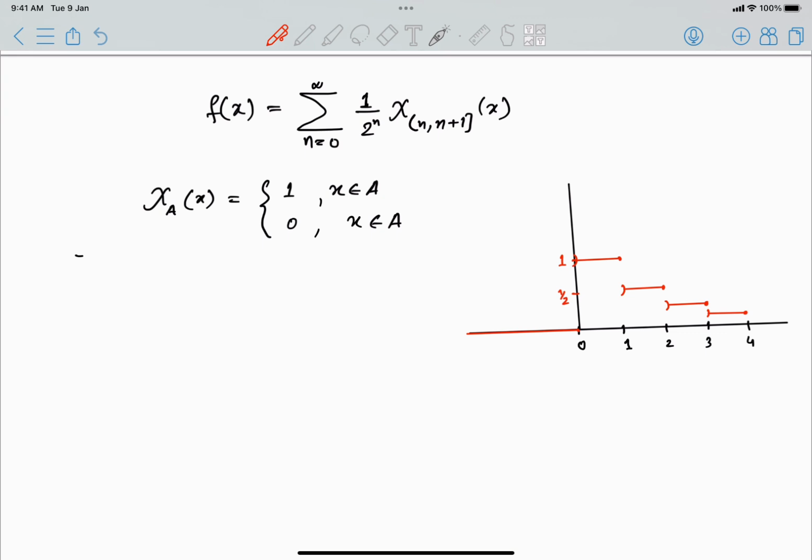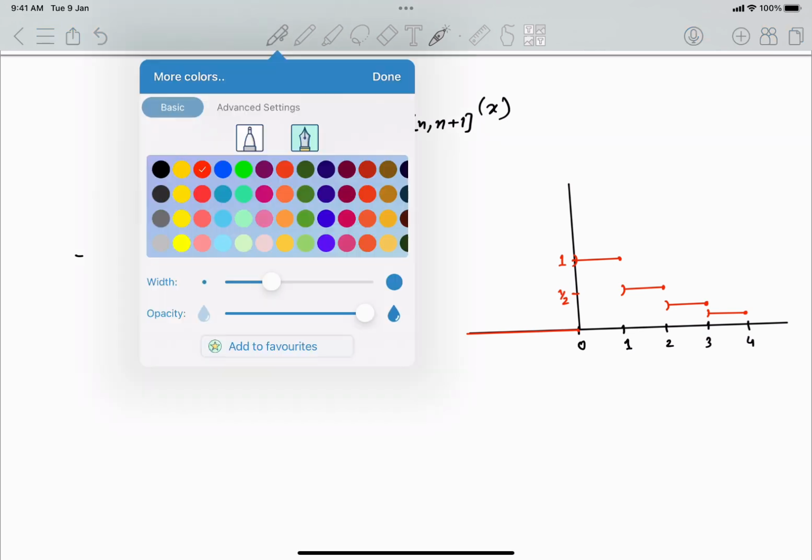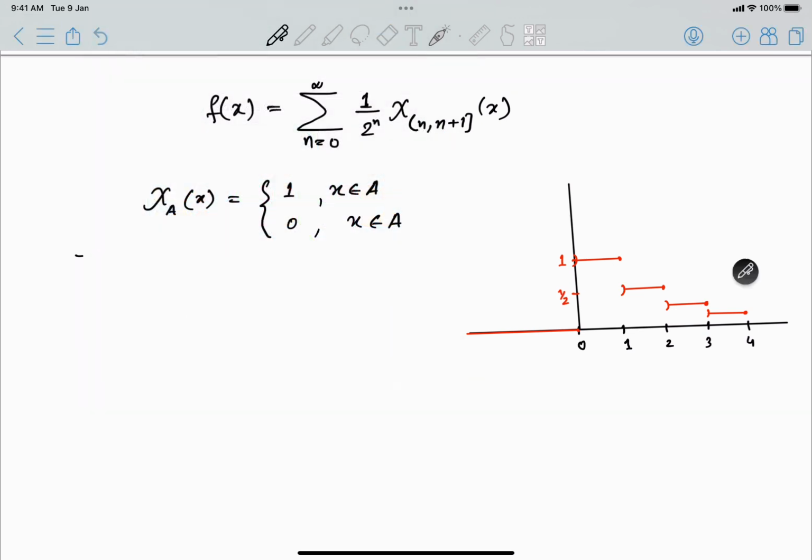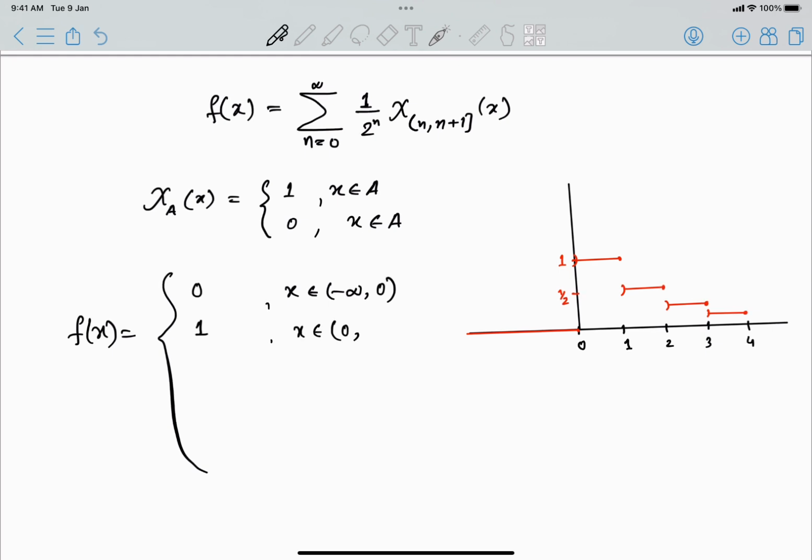Like this is the function. So if you write f(x) explicitly, it takes the value 0 whenever x is in (minus infinity, 0], and 1 when x is in (0, 1].